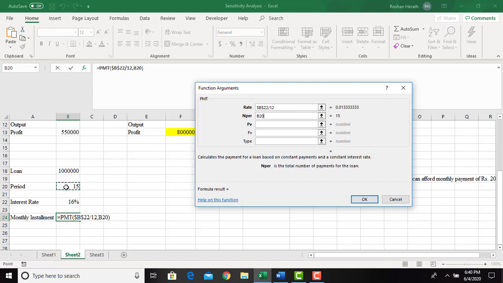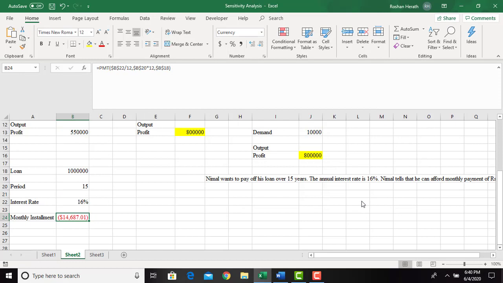NPR period is 15, so you need to multiply this by 12, because you need to convert that into months, 180 months. Present value at the moment I have taken 1 million, right? Okay, then you can make it constant, say okay.